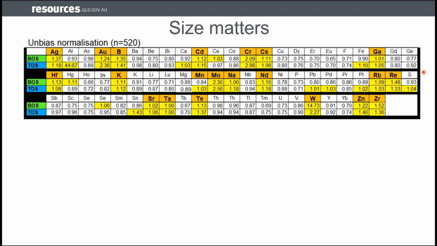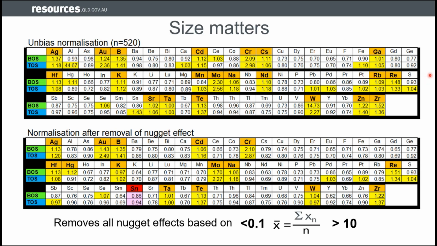This is from an unbiased, total amount of data that we have, the 502 samples that we look at. If we get rid of the nugget effect and just look at a more realistic set without the nugget effect, we had 16 elements still preferentially concentrated in the coarse fraction.